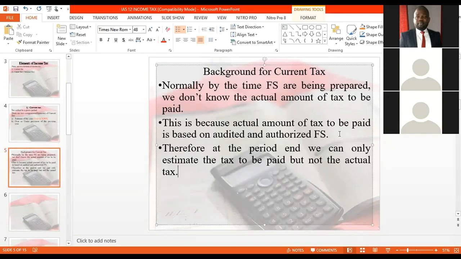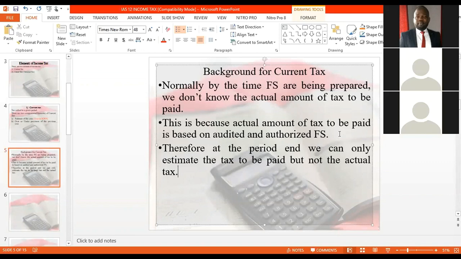So suppose, this is an example. For example, if by the time the financial statements have been authorized, you had estimated tax to be 1 million. And then by the time the financial statements have been audited, you find that the actual amount of tax that RRA is asking you to pay is not 1 million. The actual amount of tax is 1.2 million. That means you had estimated 1 million, but the actual later on turns out to be more than 1 million.